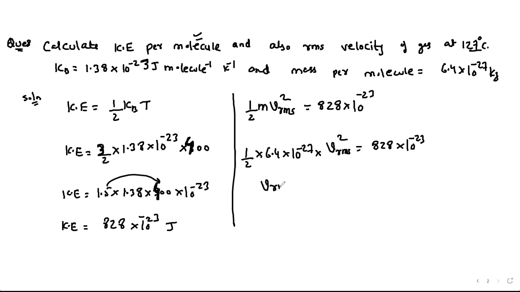So from here VRMS square is 828 into 10 raised to the power minus 23 multiplied by 2 by 6.4 into 10 raised to the power minus 27.